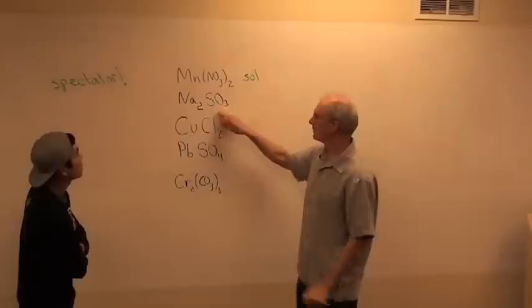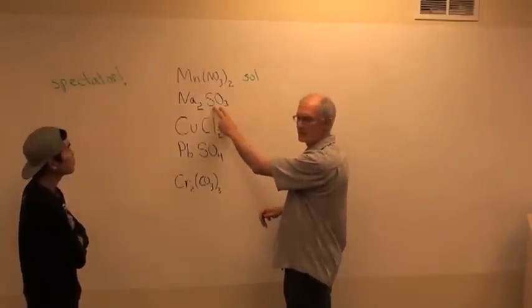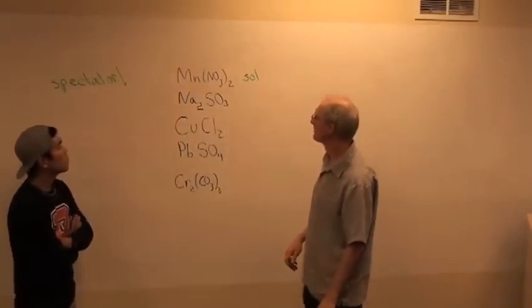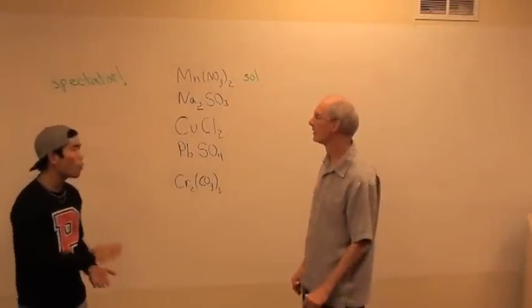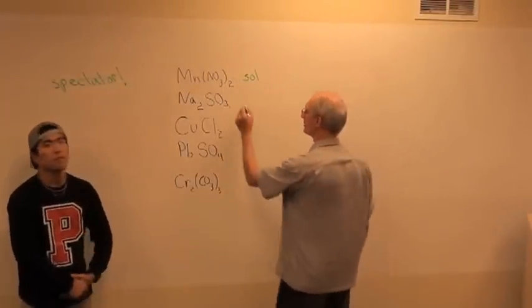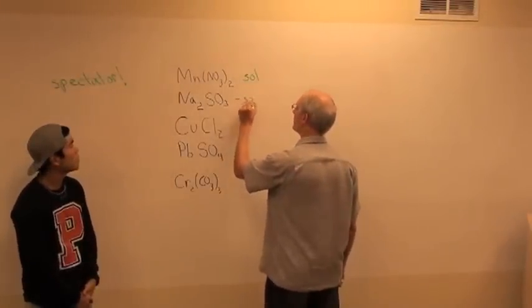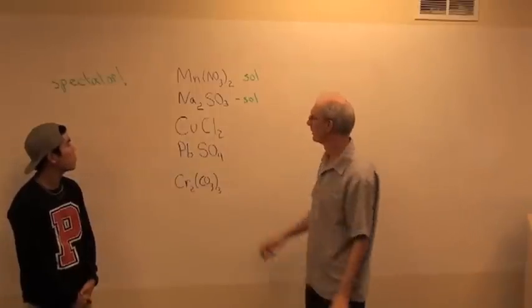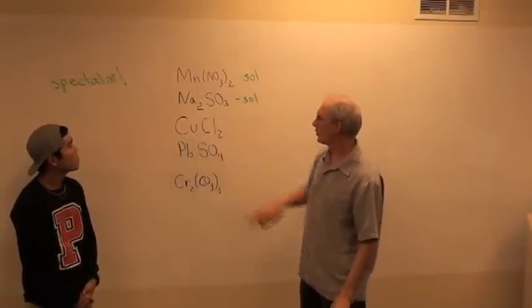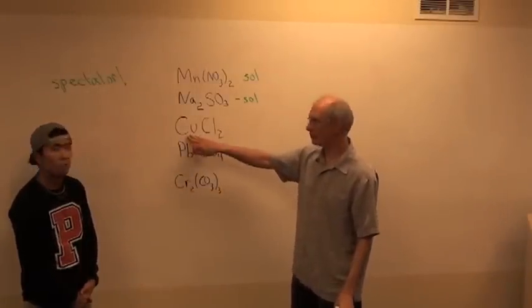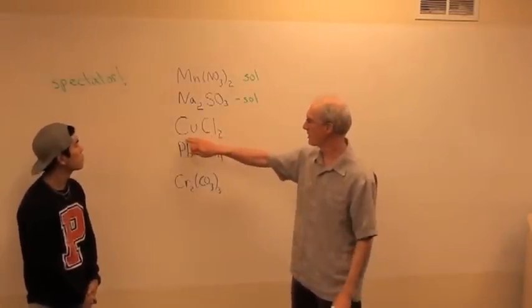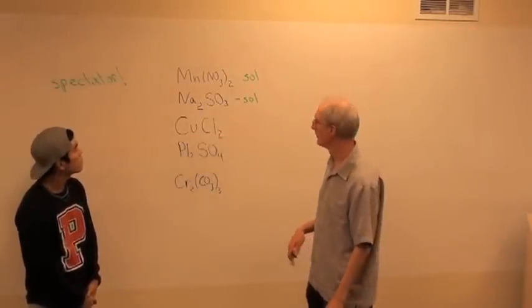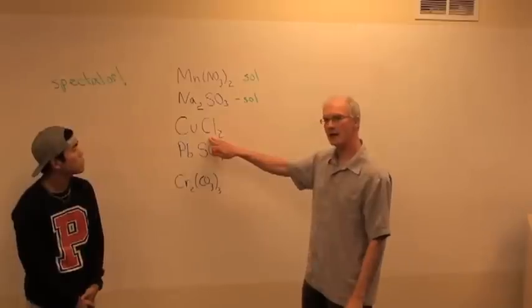Sodium sulfite. I recognize SO3 as the sulfite ion. But once we see the sodium here, we remember that sodium is always soluble. Copper 2 chloride. Again, I know that's copper 2 because chloride has a -1 charge in the ionic form. That means it has to be copper 2 to balance it. So what did we learn about halides?